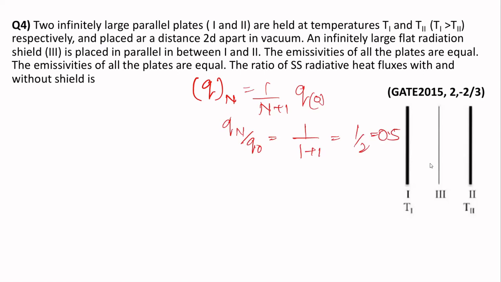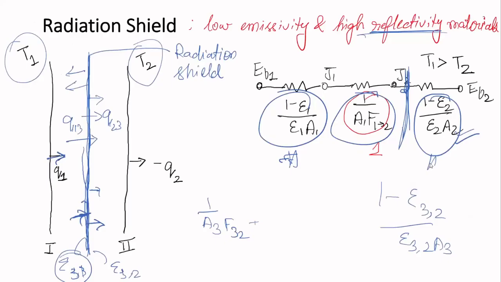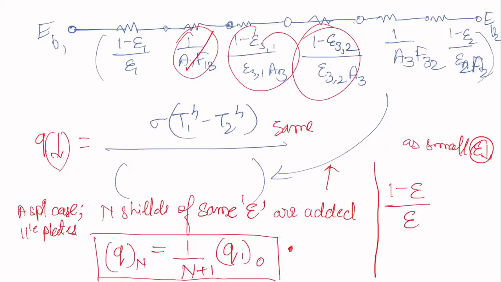For all those who don't know the formula, you simply start with the network, as we did over here. The first one will have 3 terms, and the next one will have 1 2 3 4 5 terms in it.